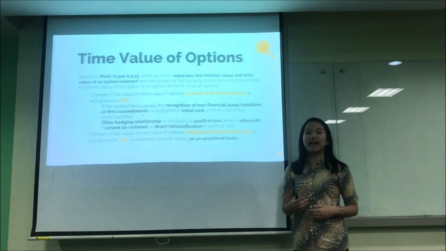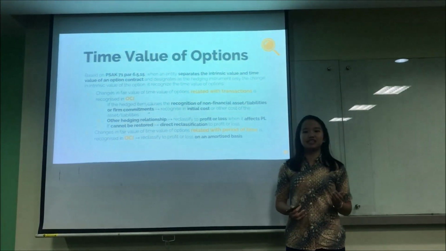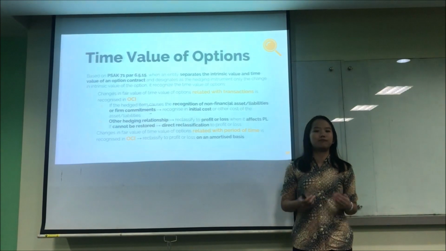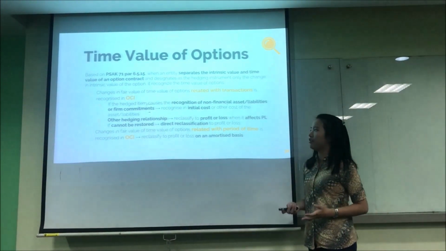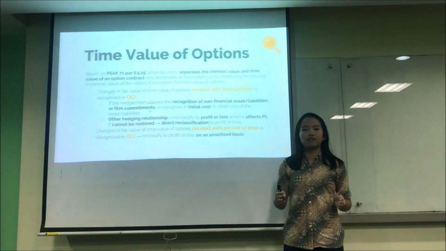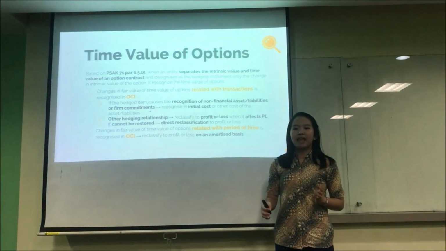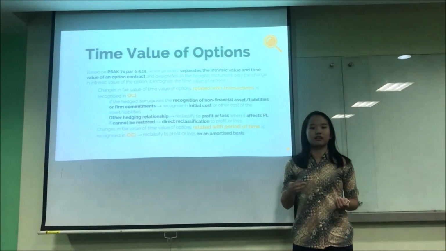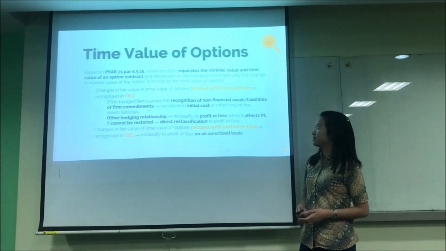And if it cannot be restored, then a direct reclassification to profit or loss should be made. For the changes in fair value of the time value of options which is related to a period of time, it will be recognized in OCI, and the reclassification to profit or loss is done on an amortized basis.